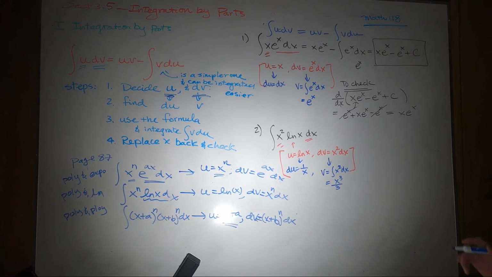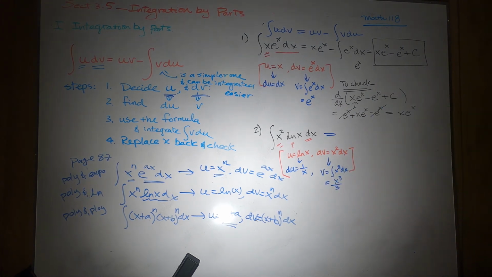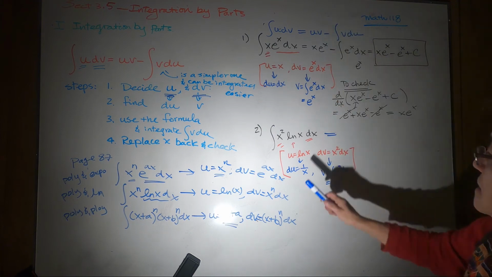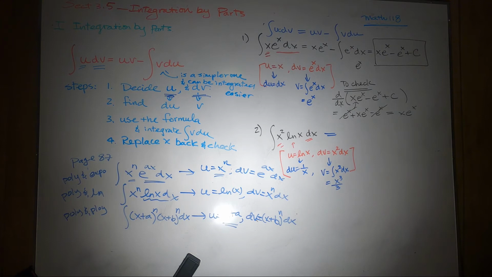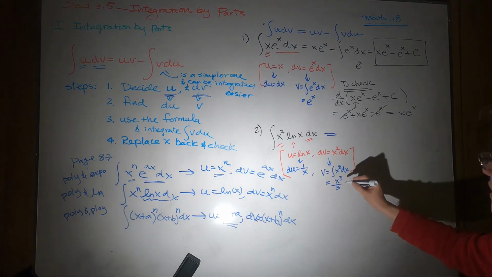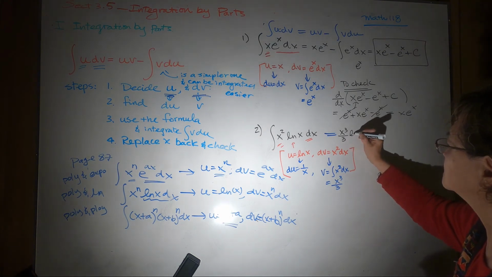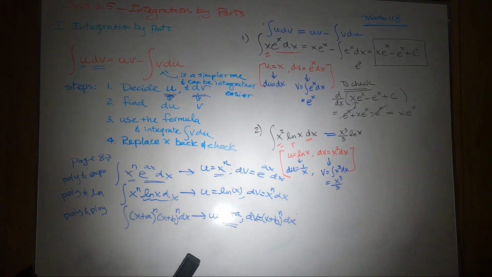Then we can use that. It becomes u times v. So we should have uv will be x cubed over 3 times this. That's your uv.